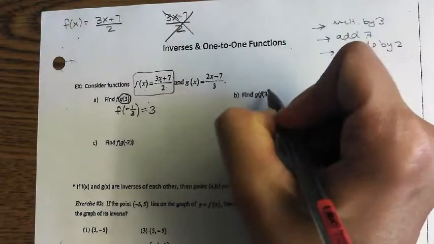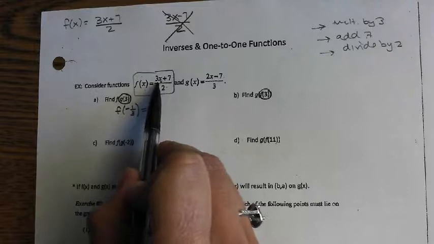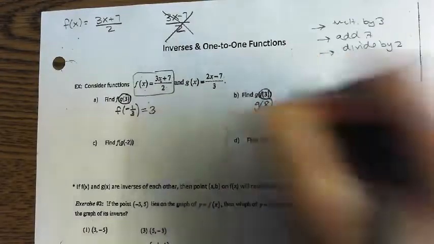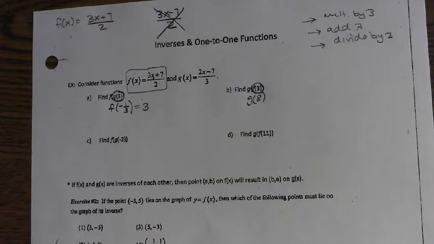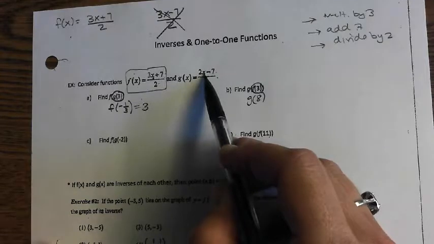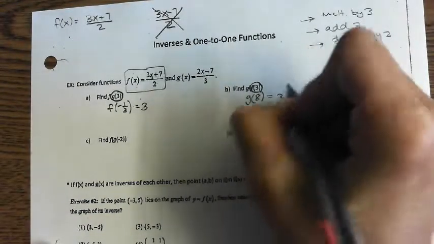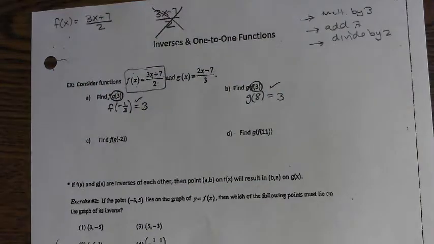So g of f of 3: f of 3 is 3 times 3 is 9, 9 plus 7 is 16, 16 divided by 2 is 8. So we have g of 8. And then plug in your 8, 2 times 8 is 16, 16 minus 7 is 9, 9 divided by 3 is 3. So we are good.